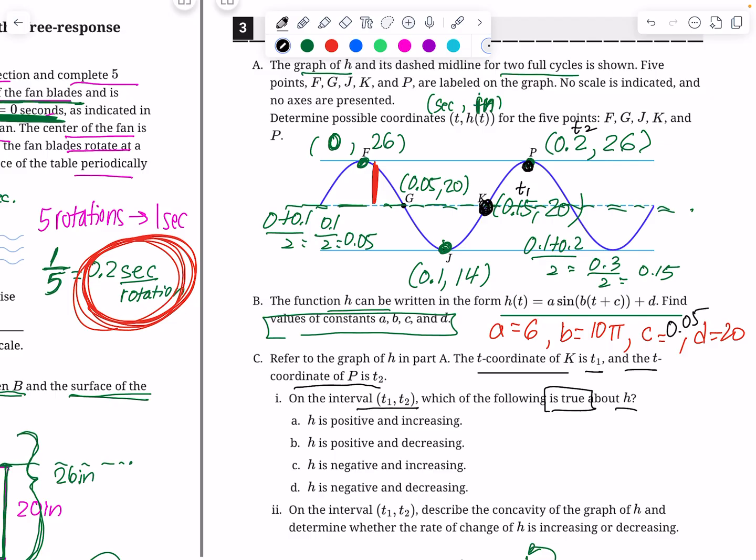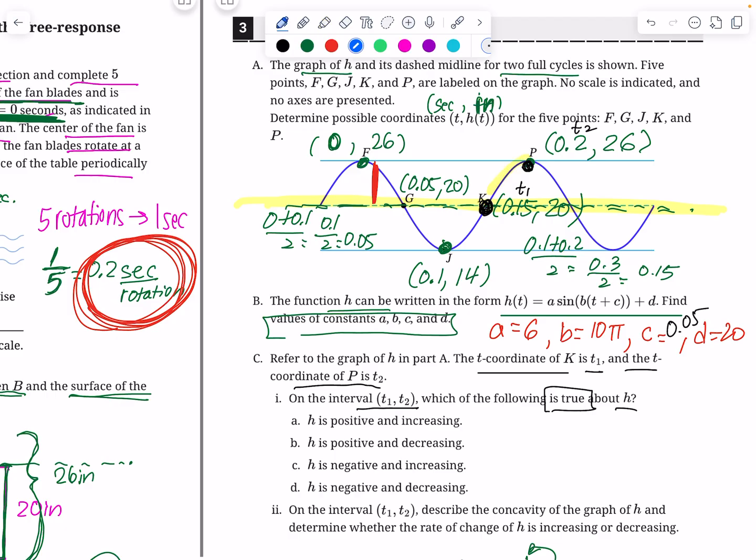And so what is true? Well, it is positive. Now, how do you determine if it's positive or not? Basically, if this is the midline, anything located above the midline is positive. And as you can see, it is above the midline, so it's positive.